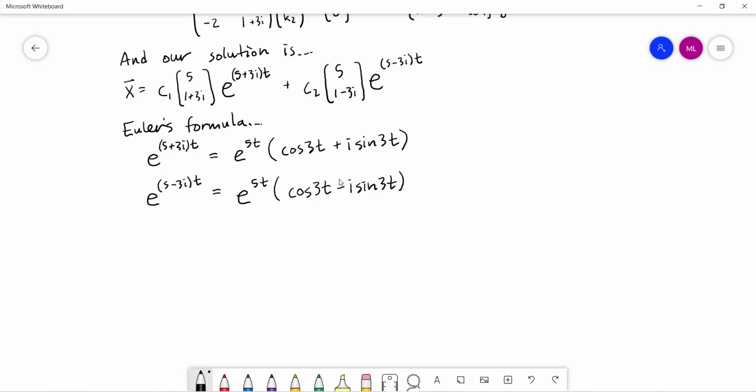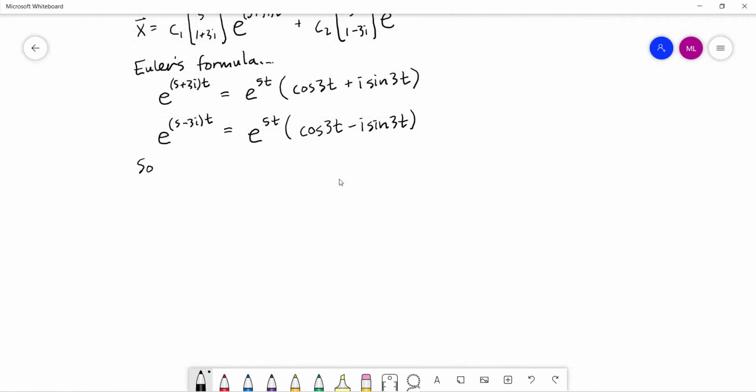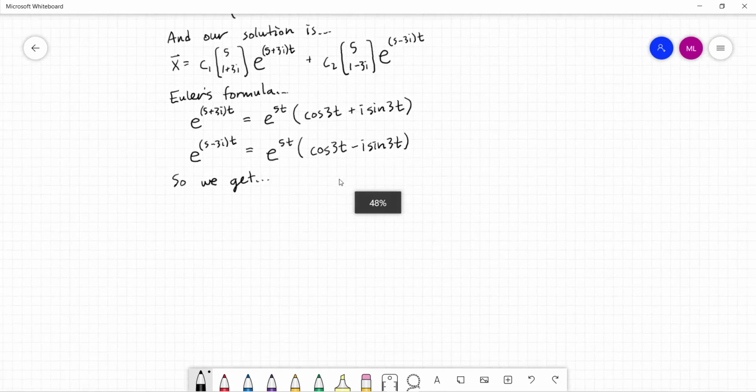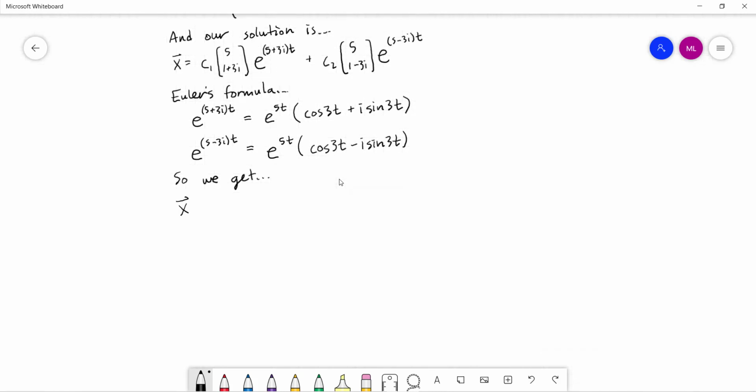Okay, so with this in mind, comparing these, we get that x is really equal to c1 times 5, 1 plus 3i on the bottom. There's the vector. And this term we can now write out long ways like this: e to the 5t, cosine of 3t plus i sine of 3t.